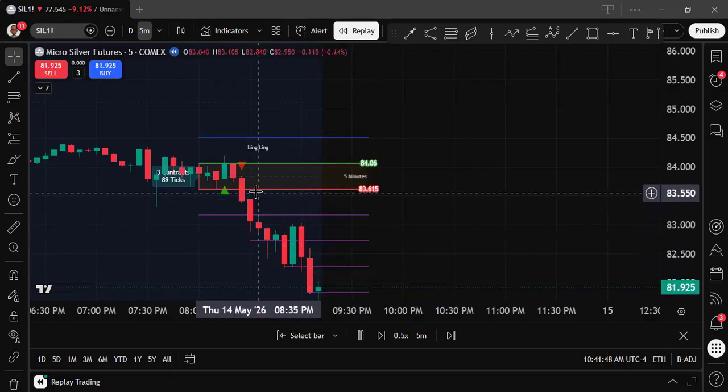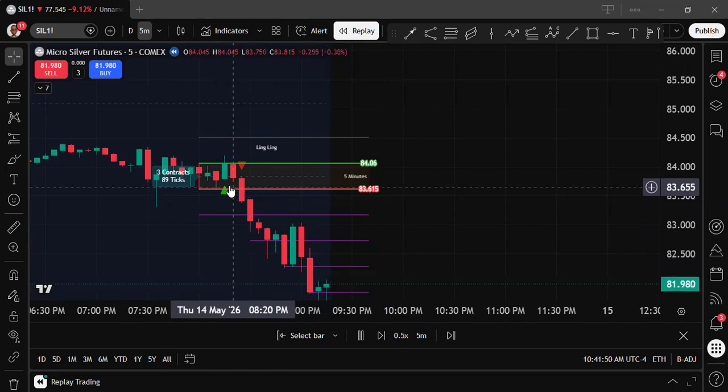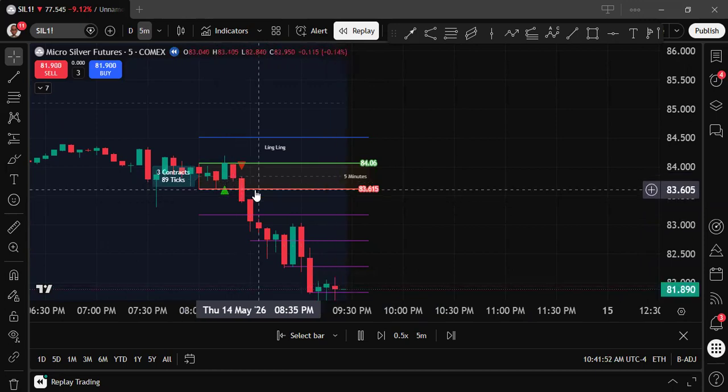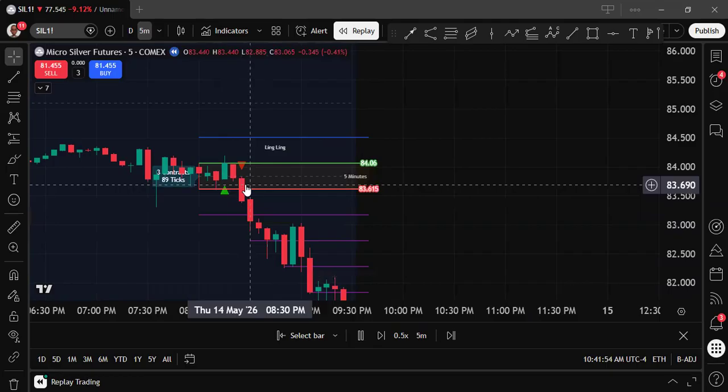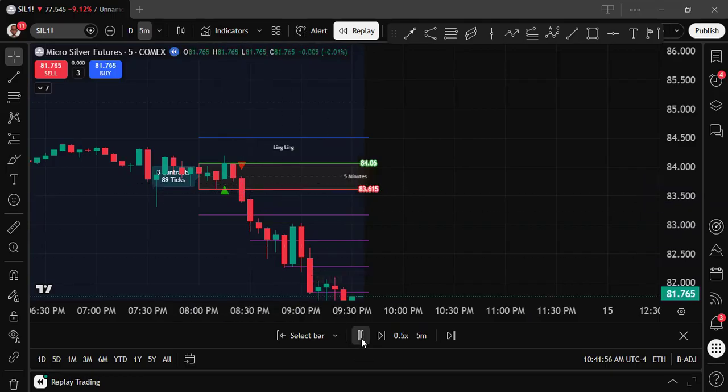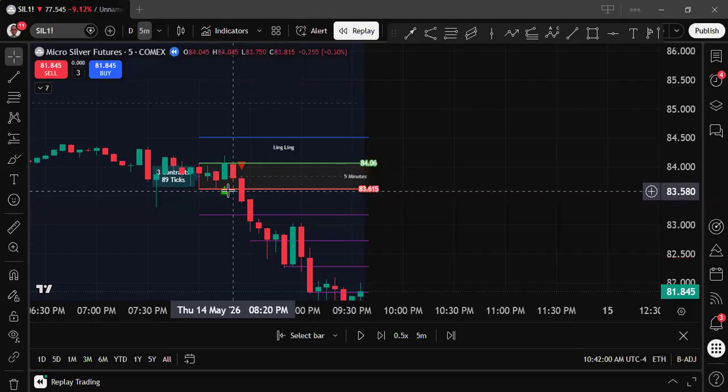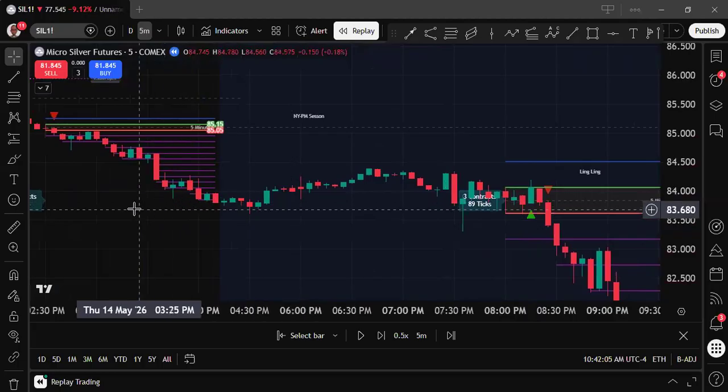So that would have been an example where you can just wait, or you can just mark this level and then enter it on a 1 minute, right? But yeah, look at this.